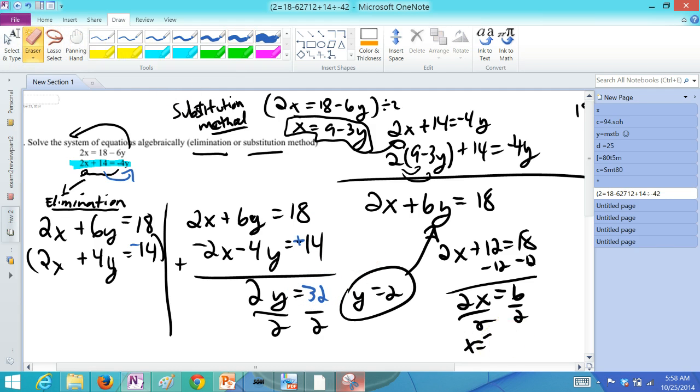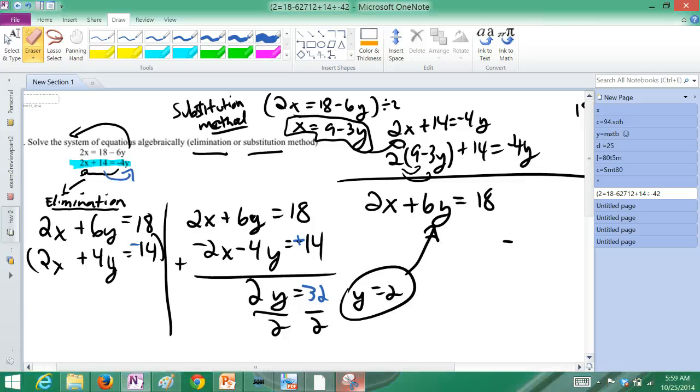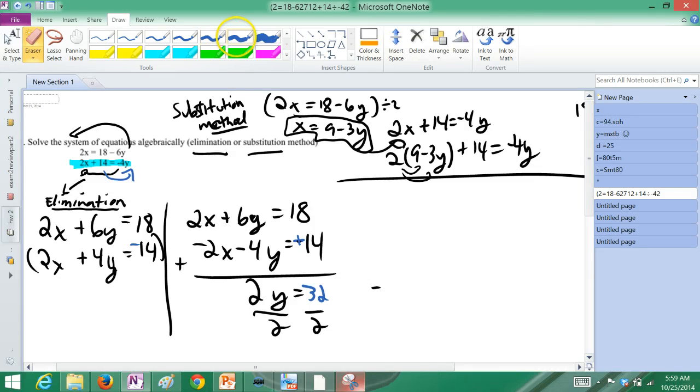This is good. I'm glad I made a mistake. Okay, great. So it turns out that y then would be equal to 32 divided by 2, which is 16. Y equals 16.